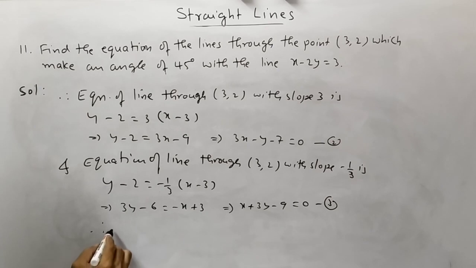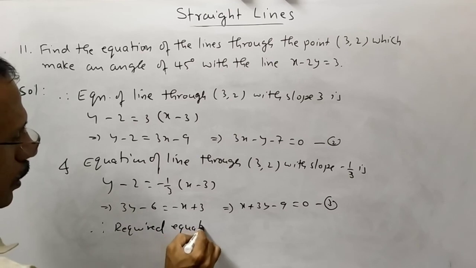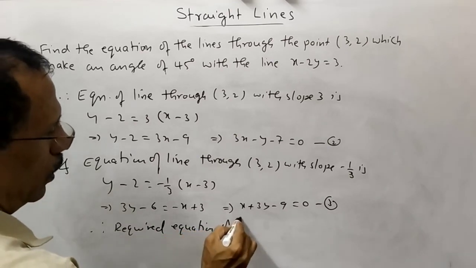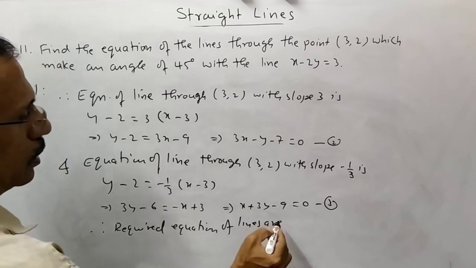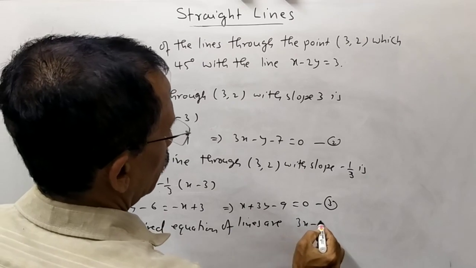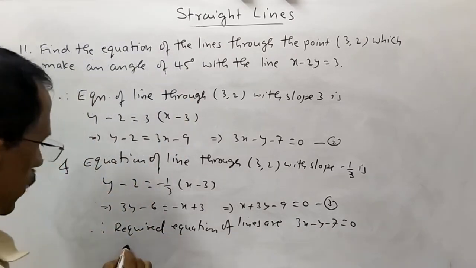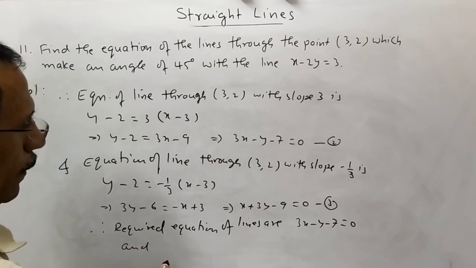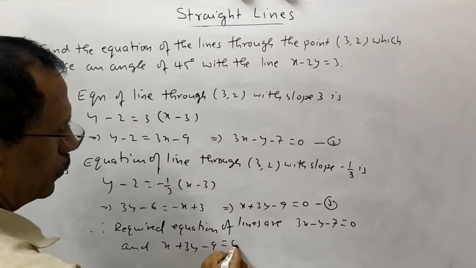Therefore, required equation of lines are 3x minus y minus 7 is equal to 0 and x plus 3y minus 9 is equal to 0.